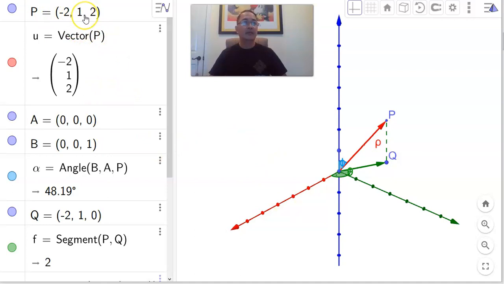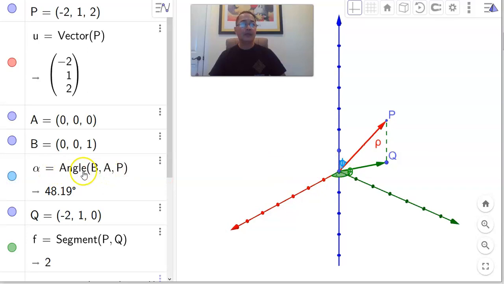I have the point P, the same one that we have in the example, and A is the origin, B is the vector K. So you can draw an angle by specifying 3 points, and the middle point should be the vertex. So alpha is actually our angle phi. Let's make it blink. There you go. So there's our angle phi.